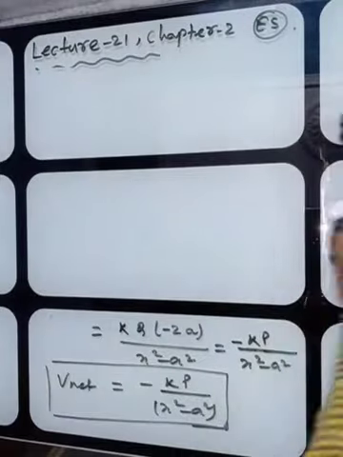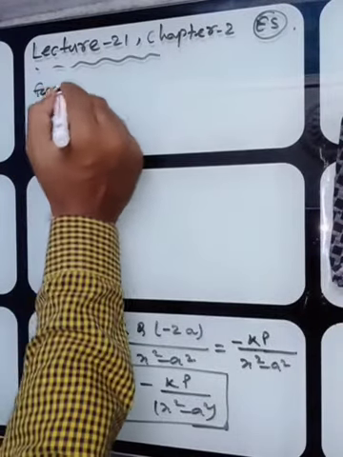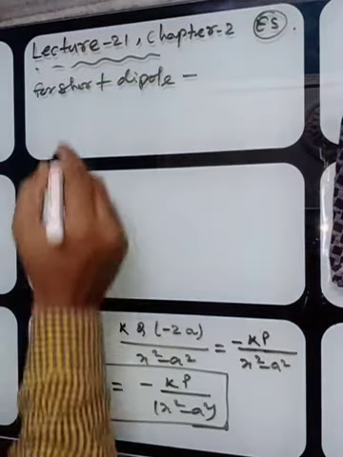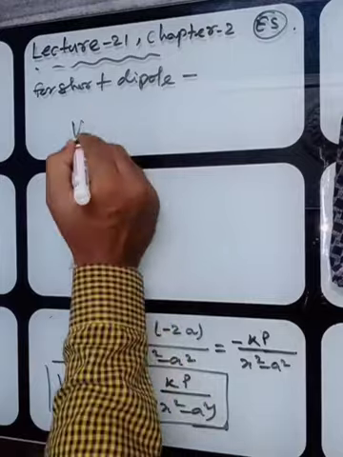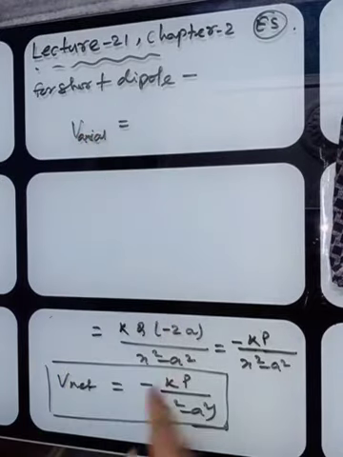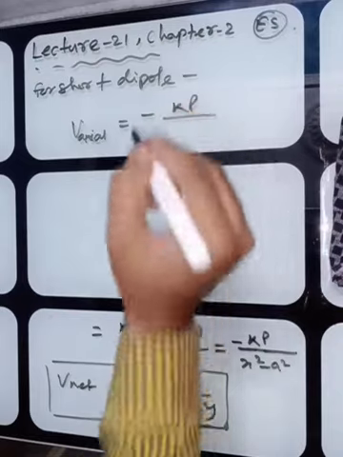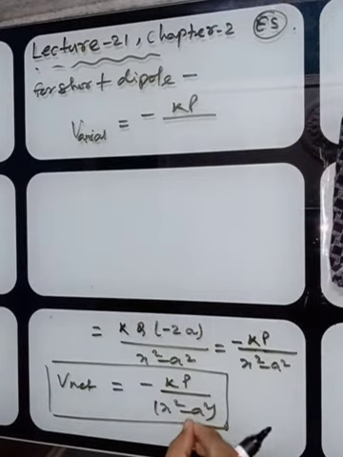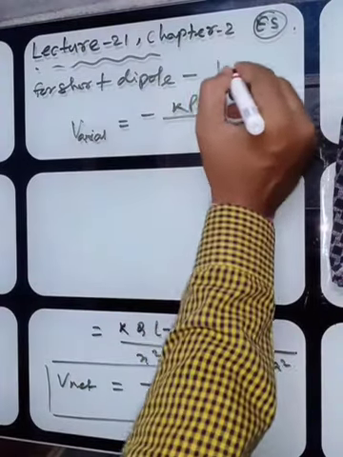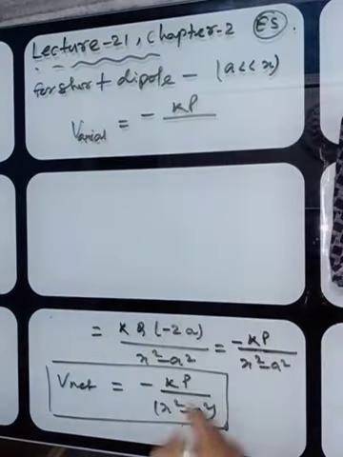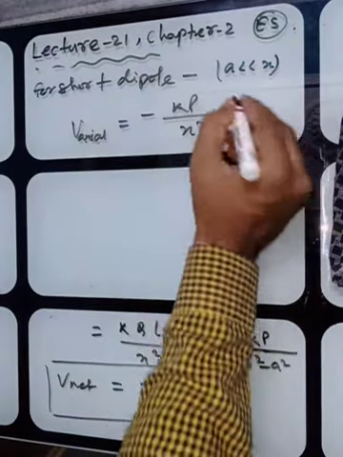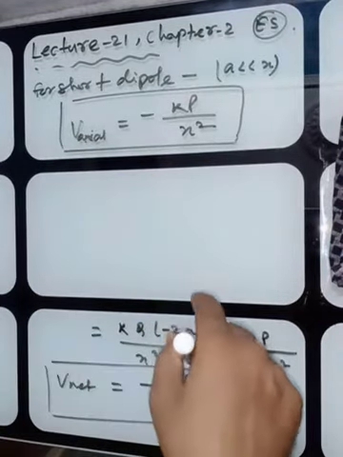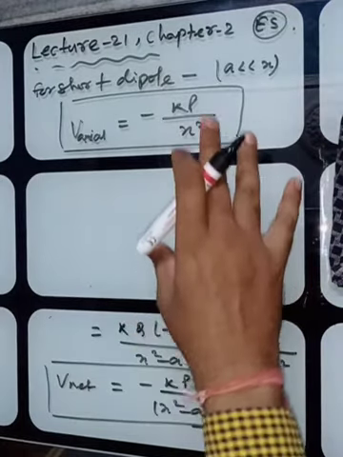This is not very tough, but you should remember that for a short dipole, you can write the V at the axial point as minus Kp by... Here a is half of the dipole length, which is very small. For a short dipole, a is much less than x, and this a can be neglected in x square. So minus Kp by x square.